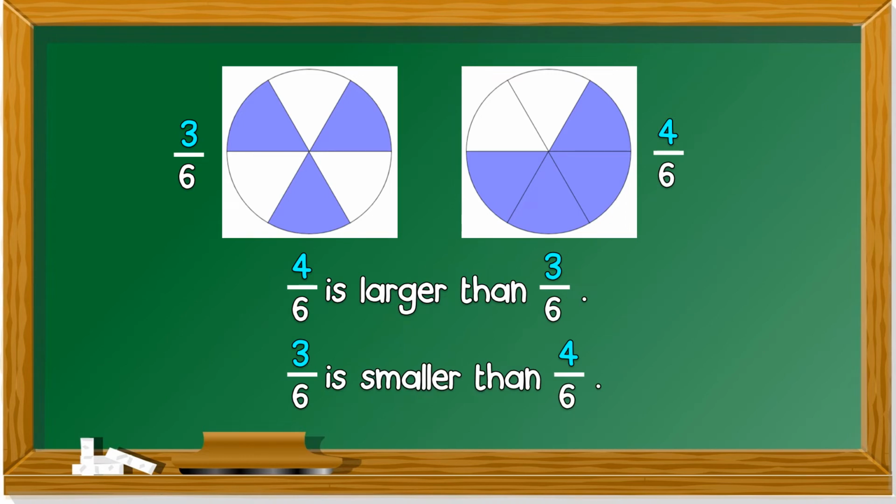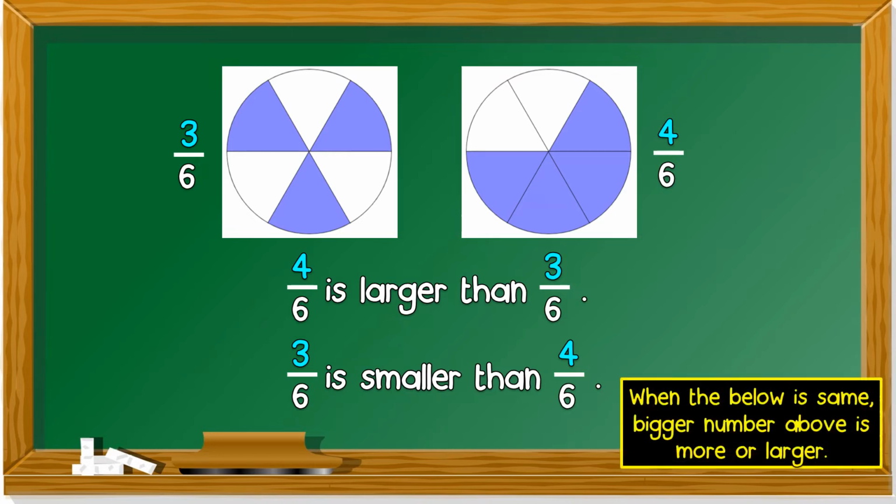Or 3/6 is smaller than 4/6. Remember, when the number below is the same, the below is the denominator. The number above, which is bigger, is more or larger. The number on top, if it's a bigger number, means it's more or larger. Simple, right?